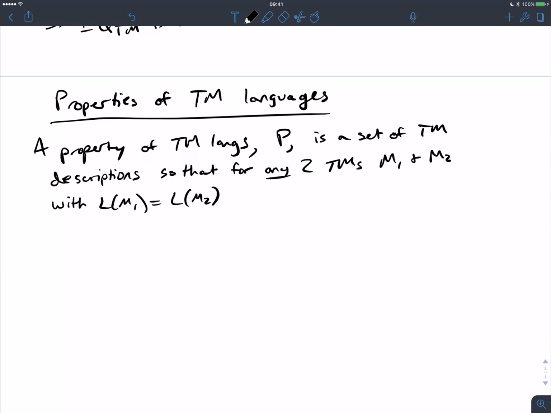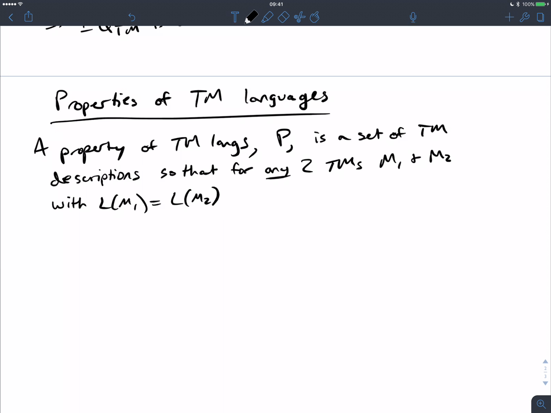so what I'm trying to set up here is that the only thing that should matter is your language. Okay? If I have any two Turing machines with the exact same language, then they're either both in the language or both not. So it can't be the case that one of them is in the language and one of them is not in the language, because that would depend on something else other than the language.